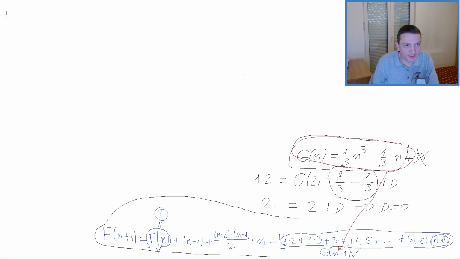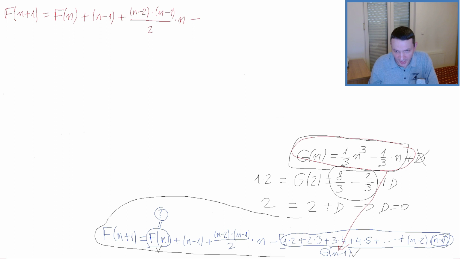So what we have here is f of n plus 1 is equal to f of n plus n minus 1 plus n minus 2 times n minus 1 over 2 times n, and minus g of n minus 1.